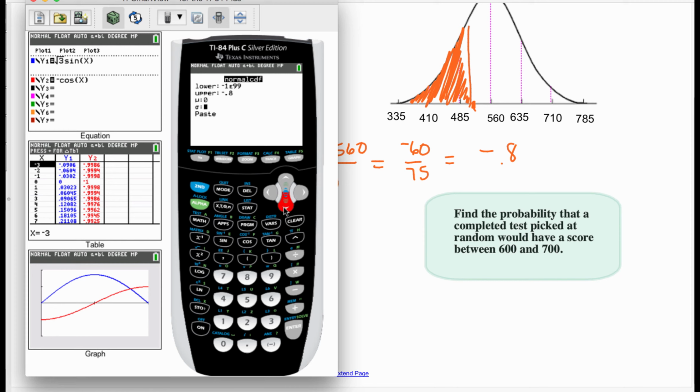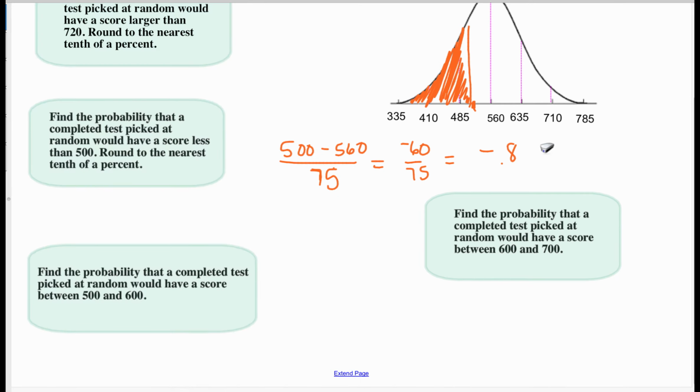It's based on the average of 0. And it is 21.2%. So the area from 500 and below is 21.2%.